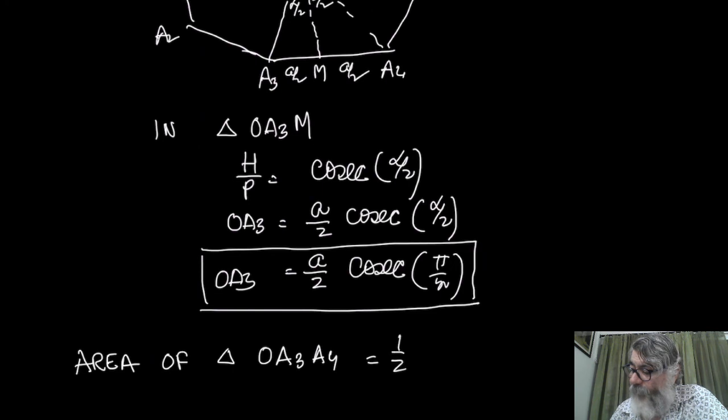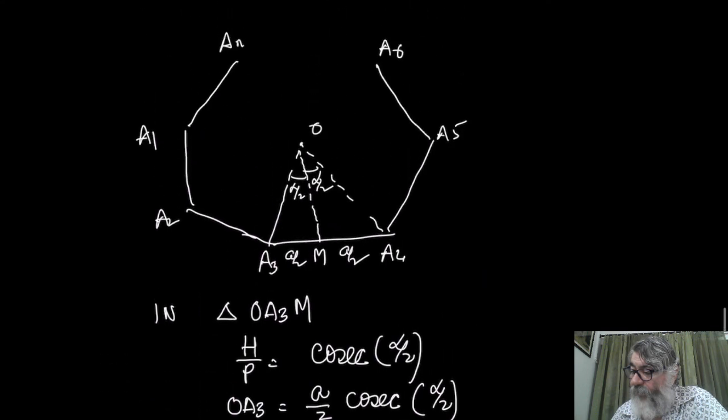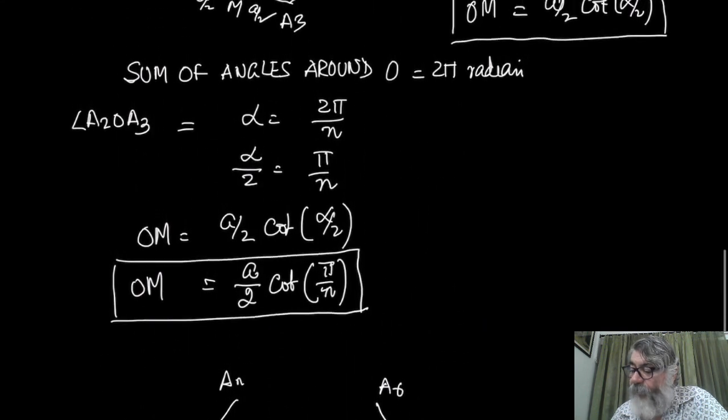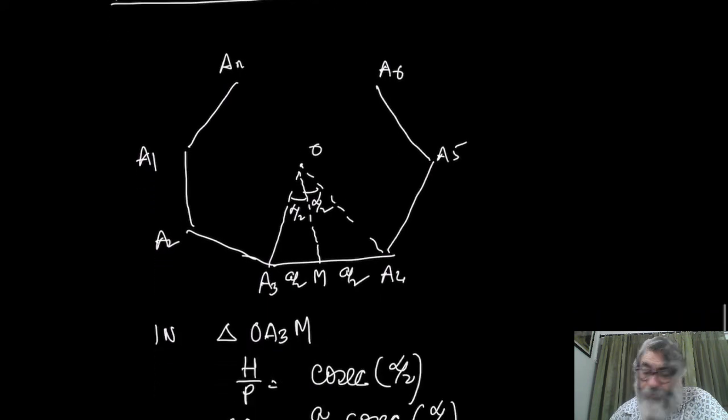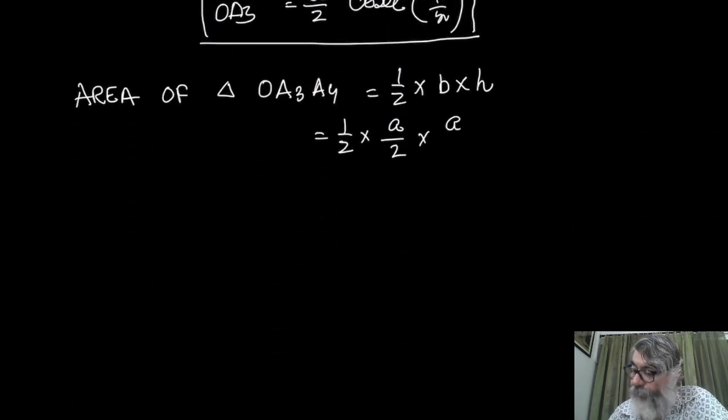Half base into height. Half base is A upon 2. And height OM was A by 2 cot pi by n.